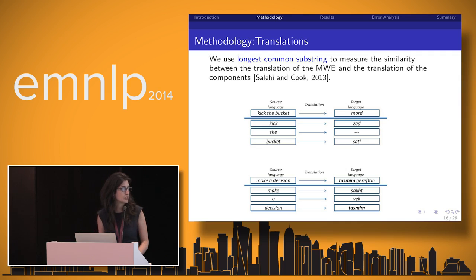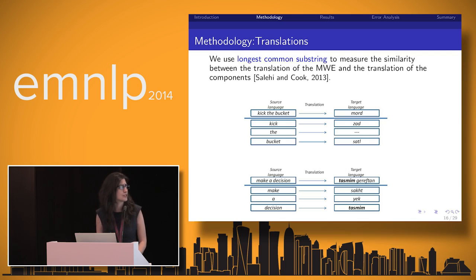If we consider make a decision, we translate it to another language, and we also translate make, a and decision into that language. We can see the translation of decision in the translation of make a decision, which shows that make a decision has the meaning of decision.